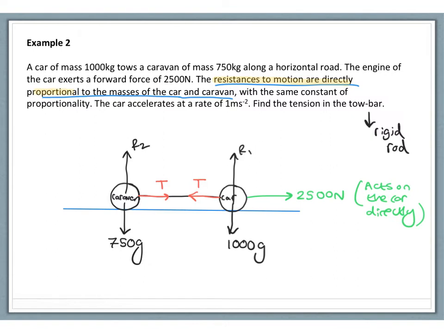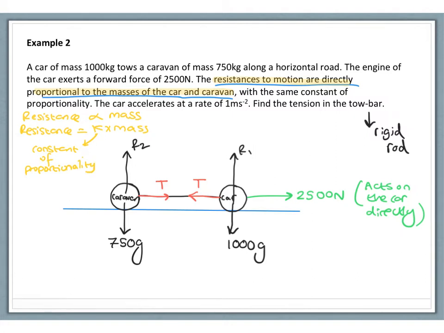Now, the last thing we need to make sure we include is this information about resistances to motion, which are directly proportional to the masses of the car and the caravan. So what we're saying is resistance is directly proportional to mass in this question, which means that resistance is equal to K multiplied by mass, where K is some sort of constant of proportionality, which happens to be the same for both the car and the caravan.